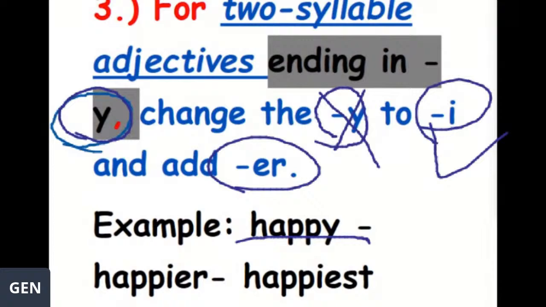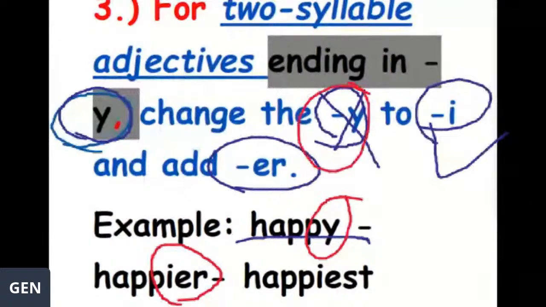There is a y. Happy becomes happier. So I change y to i and add er. Next, happiest. Change y to i and add est. And that's finished.